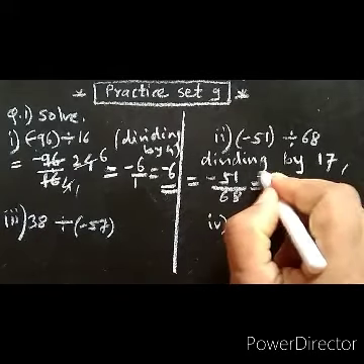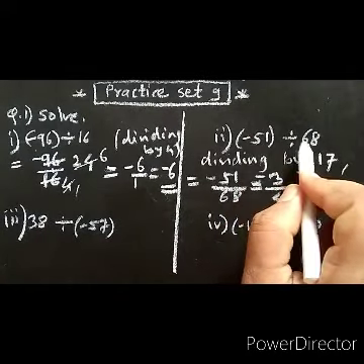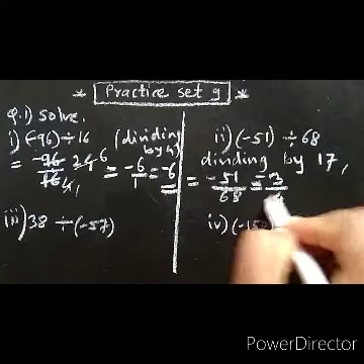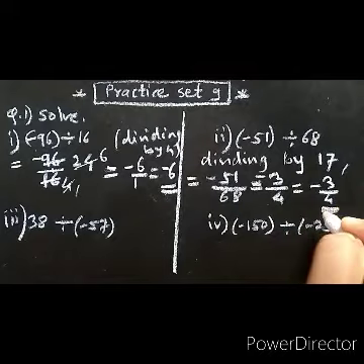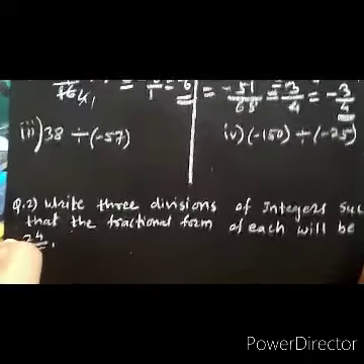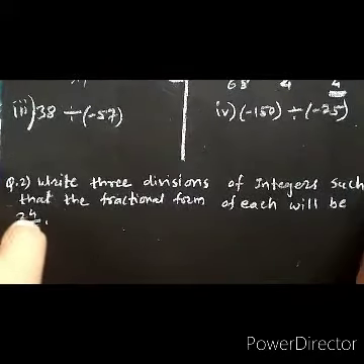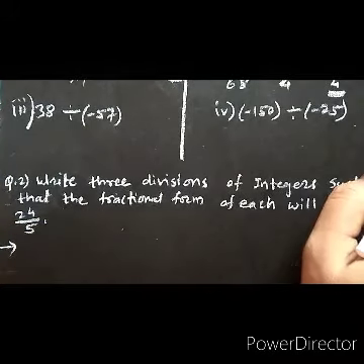Therefore, division of a negative and a positive number gives a negative integer, that is, we got minus 3 upon 4.